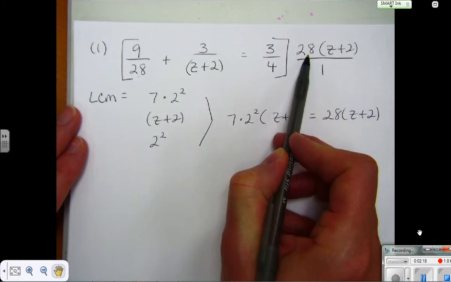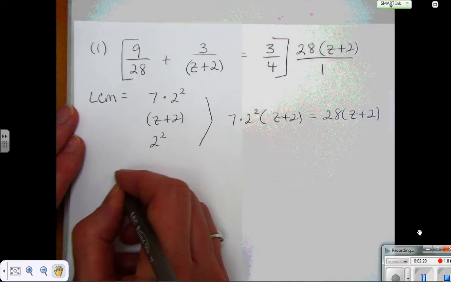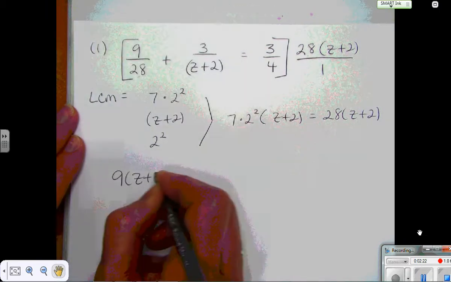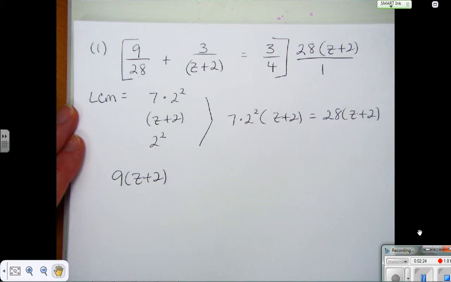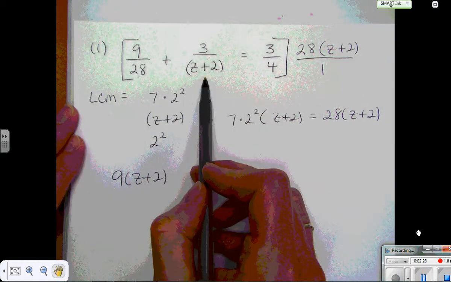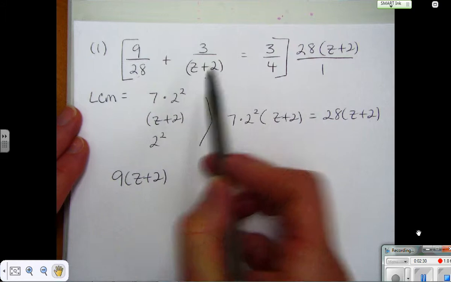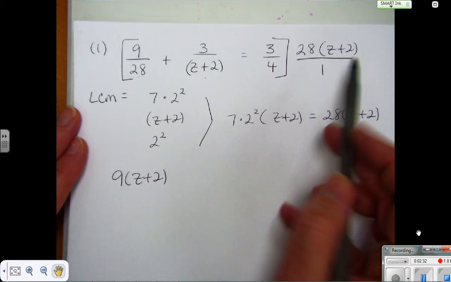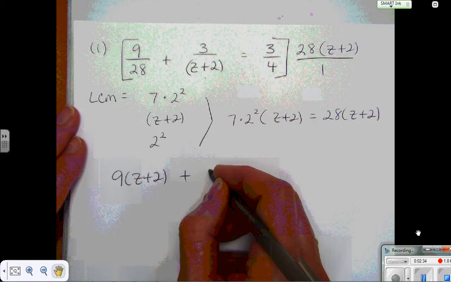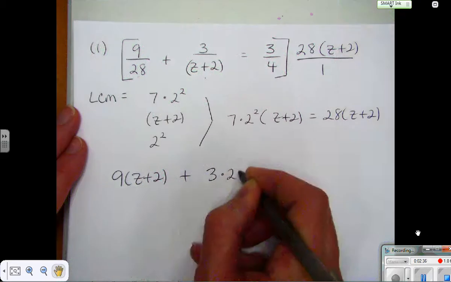Okay, so all you're going to have left on that first fraction is 9 times z plus 2. So I don't have that denominator anymore. That's what I want. The second denominator, z plus 2, is going to reduce with the z plus 2. So all you will have for that middle number is 3 times 28. Don't have the denominator anymore.